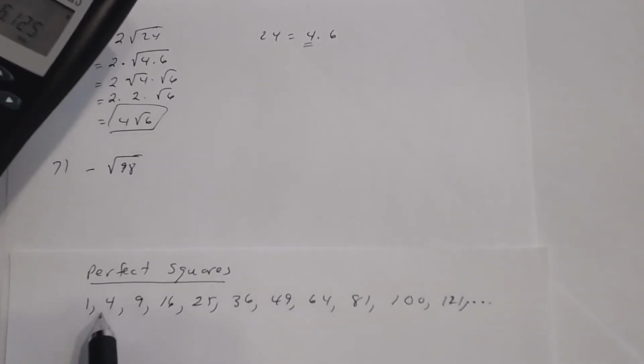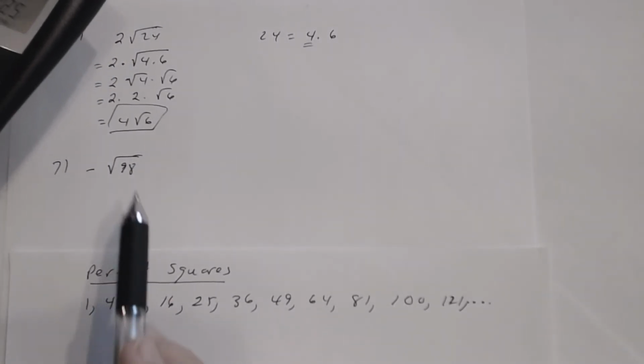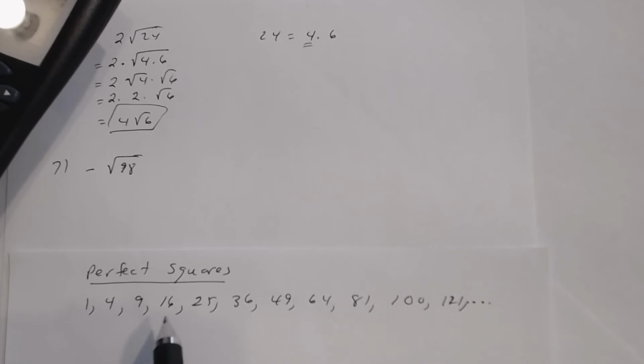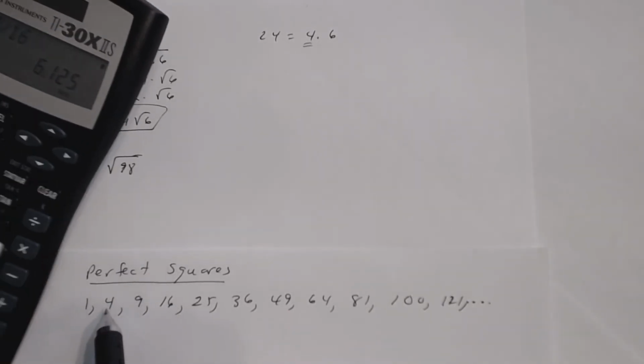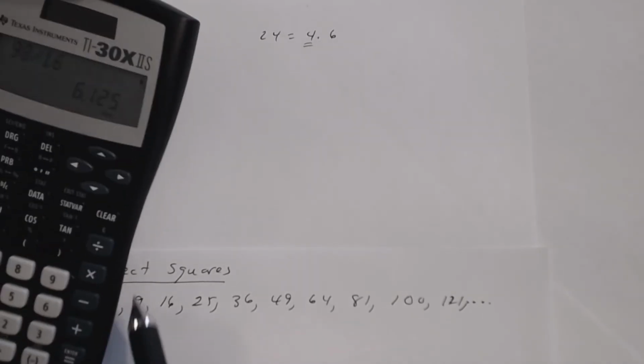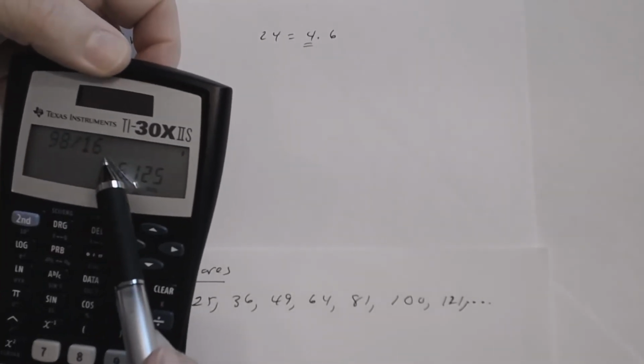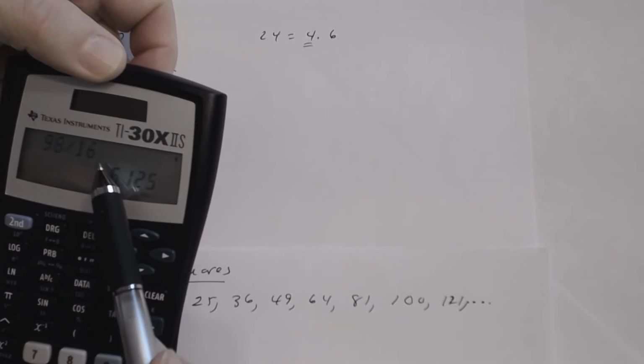If I knew that 4 did not go into 98 evenly, then obviously 16 will not either, because 4 is a factor of 16. So I did not have to try 16, because I knew it would not be a factor of 98.